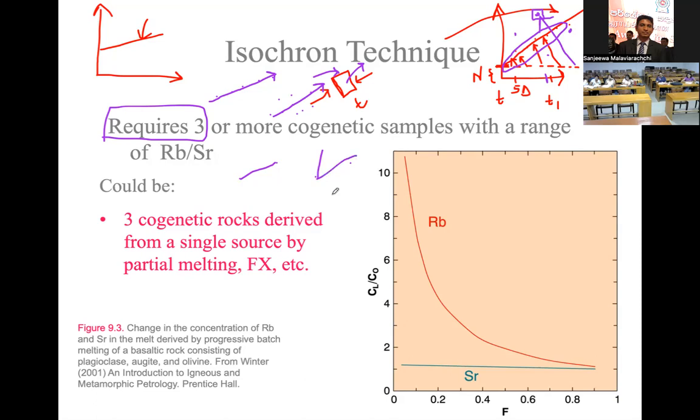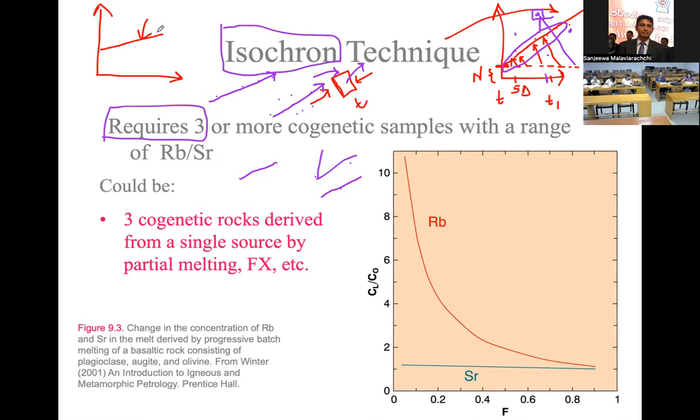But to make a very precise straight line, if you have three points, that will be good. That's why we need at least three samples to make a good isochrone.